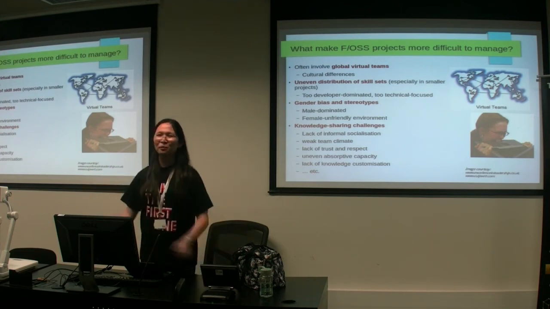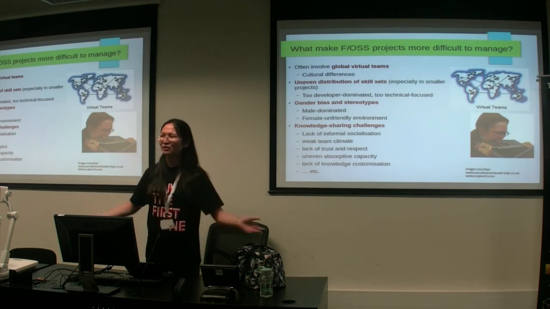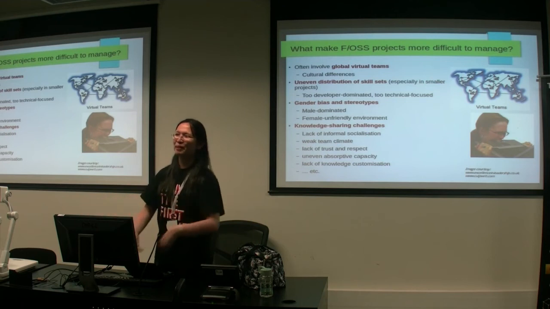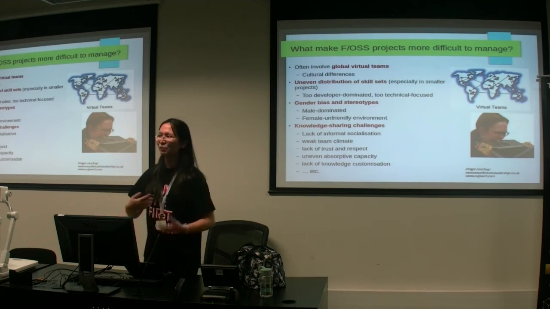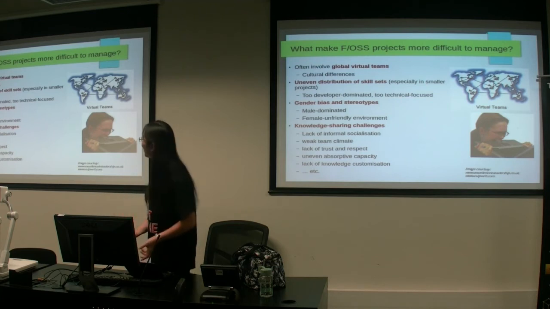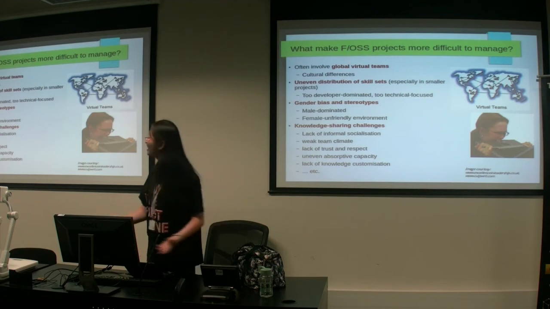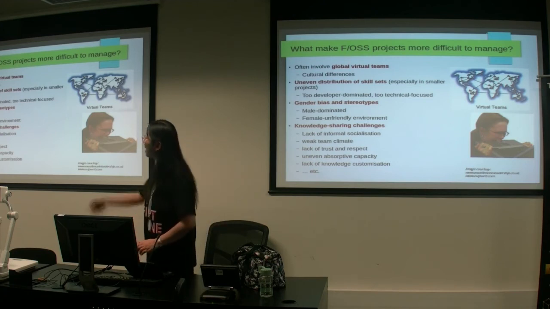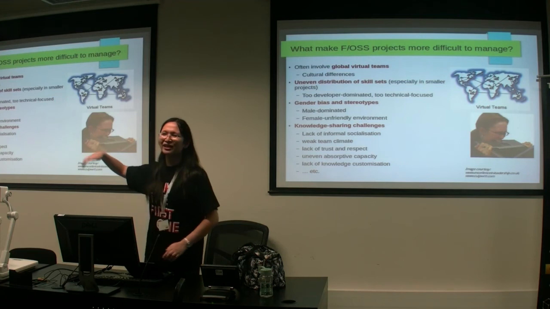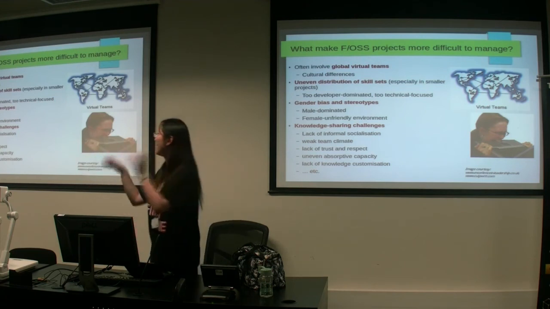There are also some knowledge sharing challenges, like lack of informal socialization. People don't gather around because they are in different places in the world. They don't go together to drink a beer, and they don't know each other very well. That would affect the team culture, with a lack of trust and respect between each other. And sometimes people absorb knowledge more easily than others. Some are slower, some are quicker.